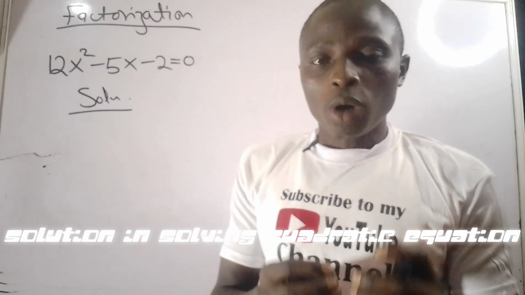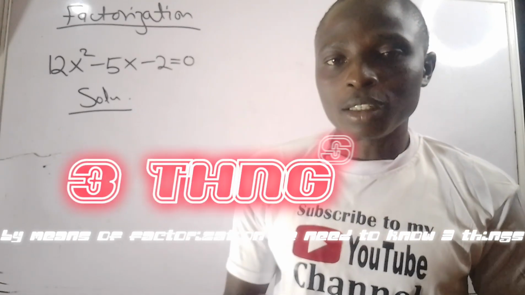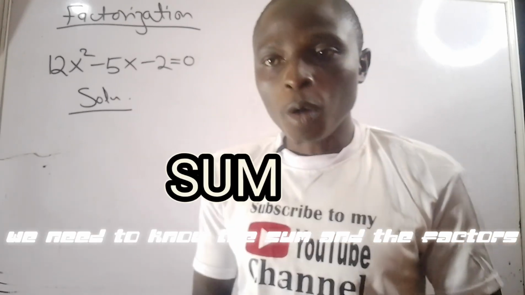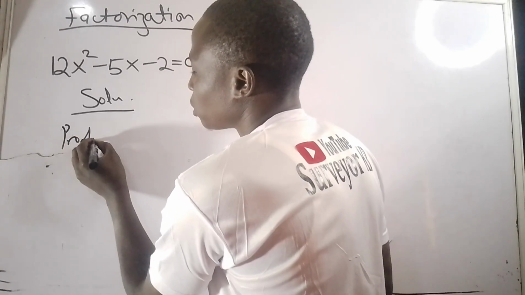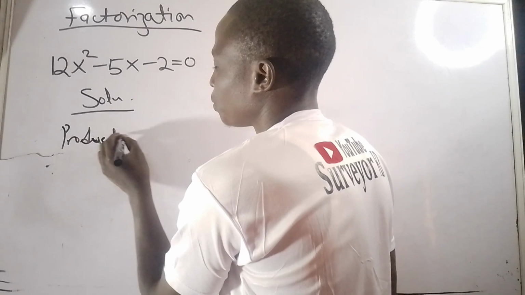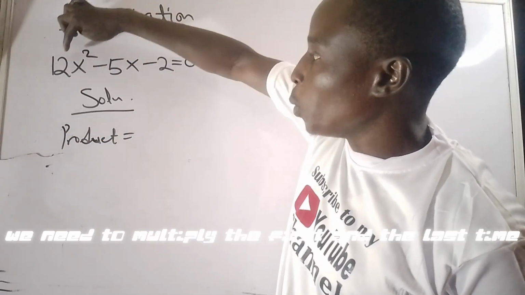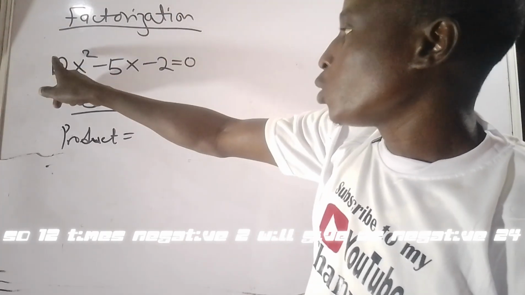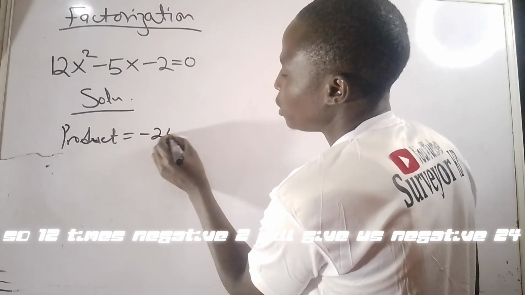In solving a quadratic equation by means of factorization, we need to know three things. First, we need to know the product, the sum, and the factors. So the product: in finding the product, we need to multiply the first and the last term. So 12 times negative 2 will give us negative 24.